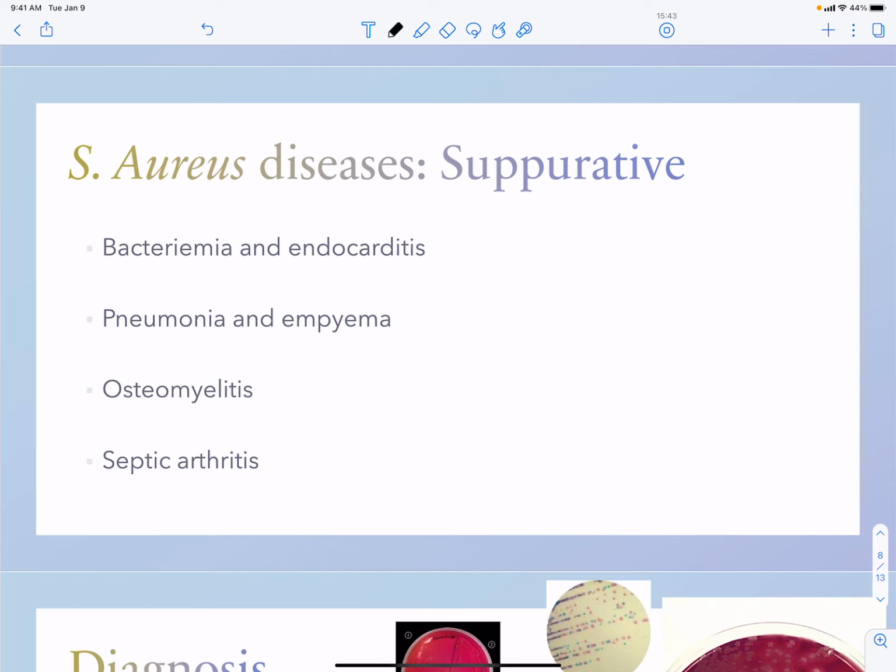Was it a small cut on the foot, on the hand, or was it invasion through the lungs? Things like that. But Staph aureus can definitely disseminate. And when it does gain entrance into the body, it can cause acute endocarditis. And this is a very serious disease with a mortality rate of about 50%.